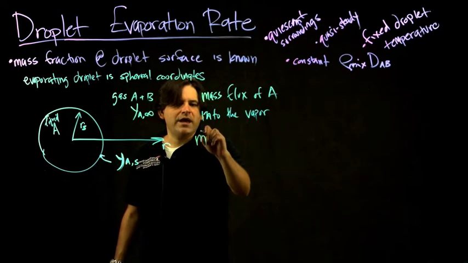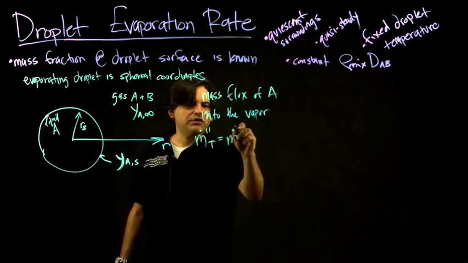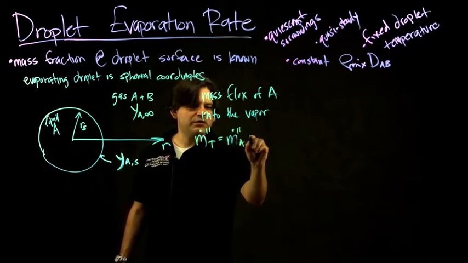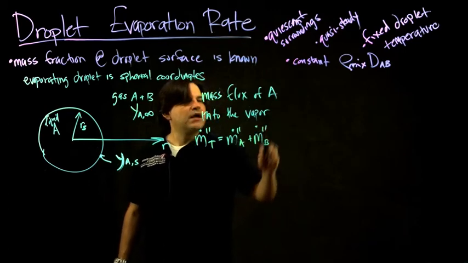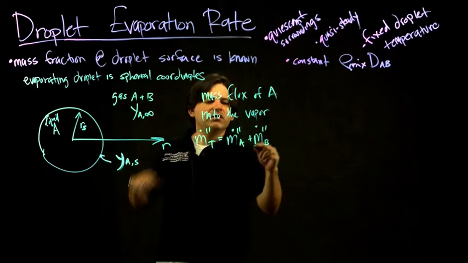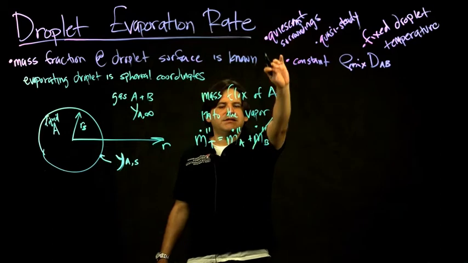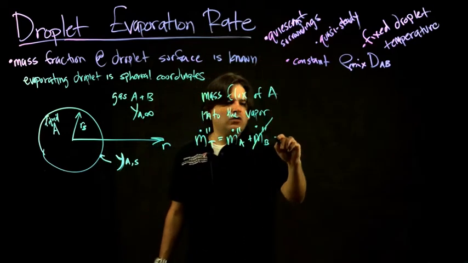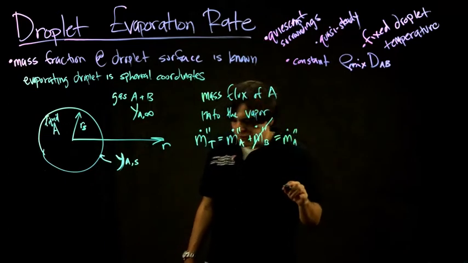So the total mass flux is, in principle, related to whatever's in the mixture. We have a mass flux of A and a mass flux of B. And in a lot of cases, you can use analysis where you can neglect any motion of B. So that's what the quiescent surroundings is using, that assumption. So the total mass flux is just movement of A per area.